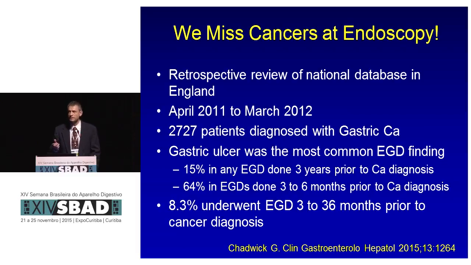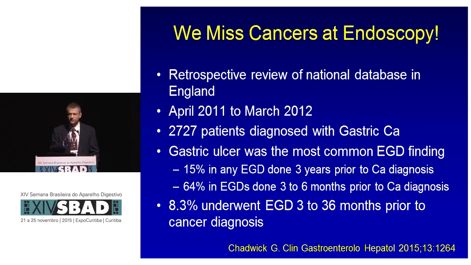The fact that we miss cancers at endoscopy has been recognized for quite some time. This is a recent study from this year in Clinical Gastroenterology and Hepatology, where they went through a national database in England, and the bottom line is that about 9% of the patients diagnosed with cancer had upper endoscopy 3 to 36 months prior to the cancer diagnosis, meaning that most likely those cancers were missed.